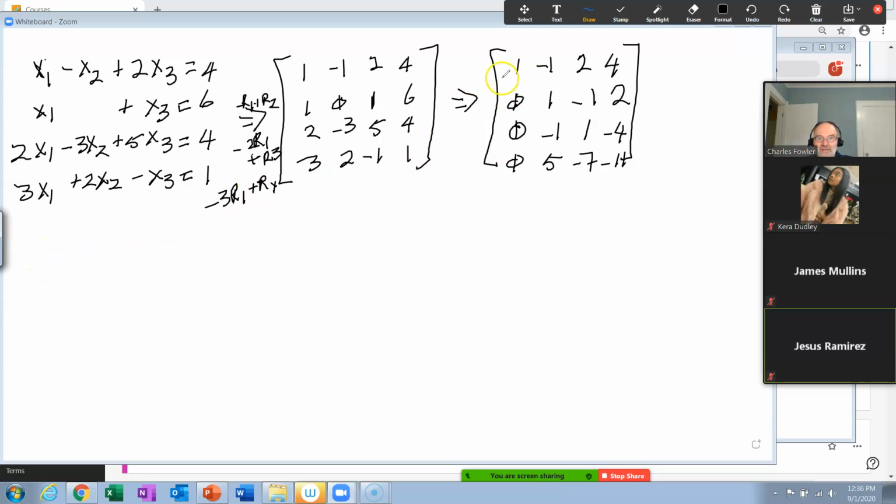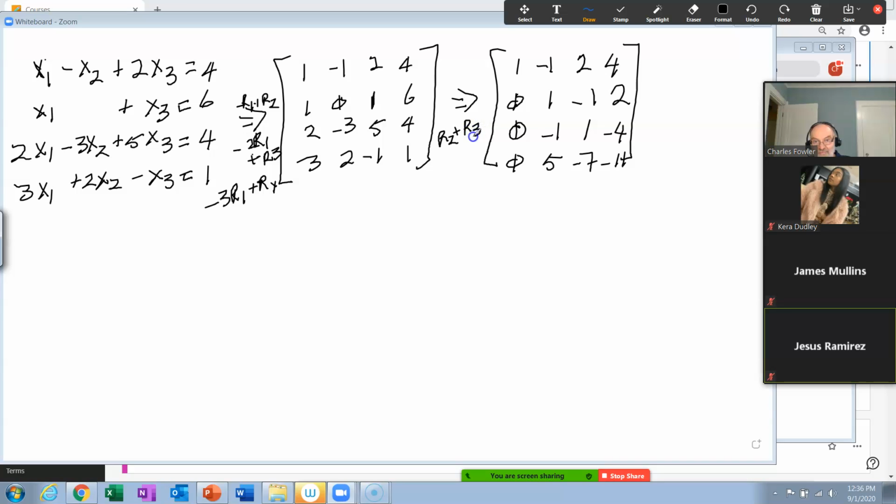And what do we want next? We have a leading one here, zeros below it. We already have a leading one here, good for us. We want zeros below it. So how we get this to be a 0 is just add row 2 to row 3. So row 2, you always use the row with the leading one in it. Row 2 plus row 3.